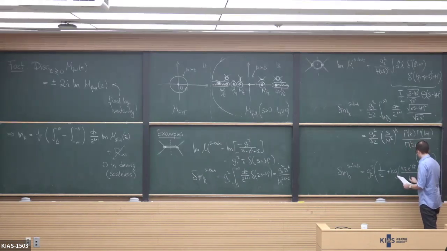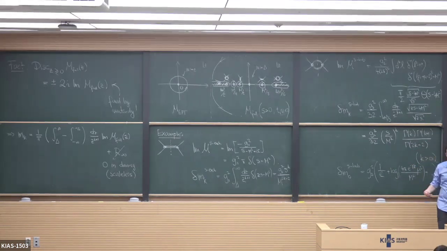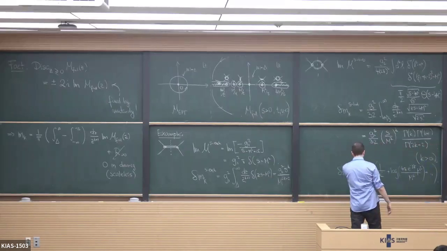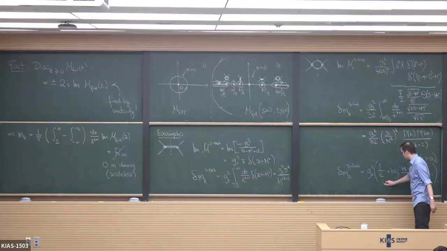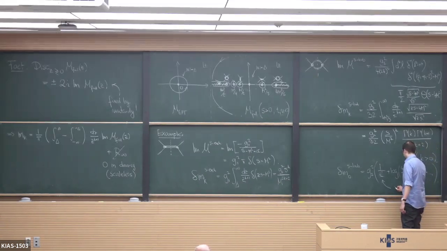Something like that. Okay. And this emphasizes the interplay between the matching procedure, which is what we're doing here, and running. So in principle, on top of the matching, we also have to do the running because we have the 1 over epsilon, so you need to renormalize it. Okay, so this is running.